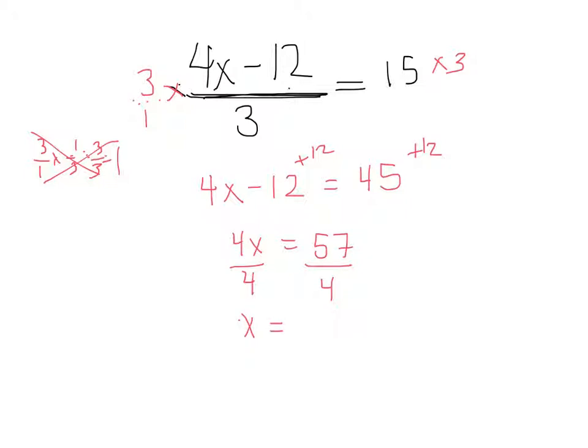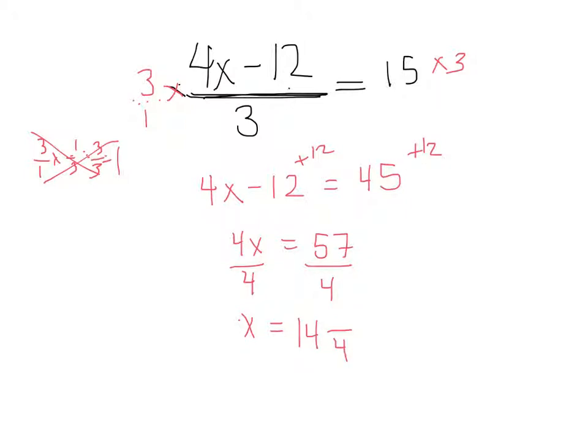Now this answer depends on what your textbook or your teacher is looking for. Do they want it in fraction form? Do they want it in decimal form? So if we're going to put it into fractions, how many times does 4 go into 57? It goes 14 and some amount.